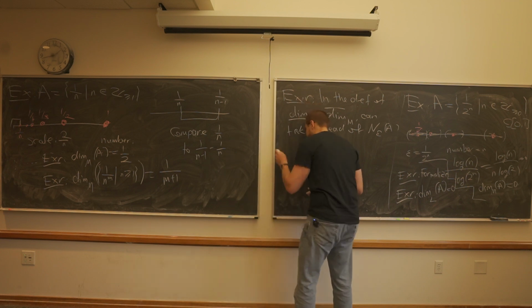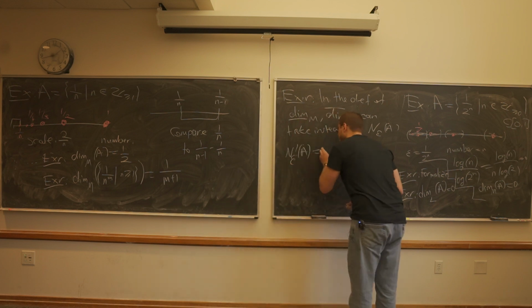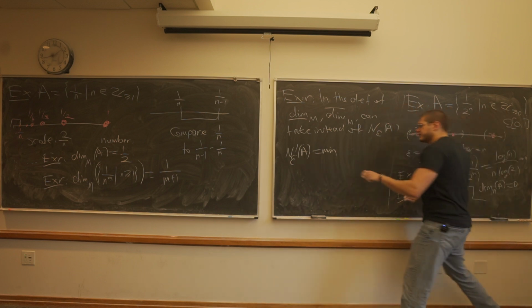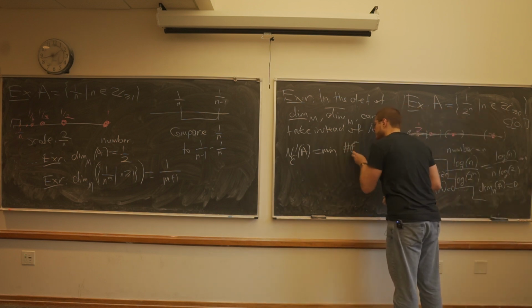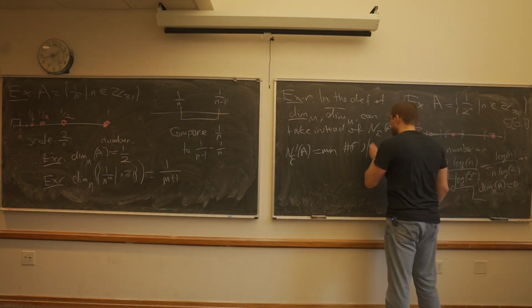Okay, I don't remember the names now. But here is an alternative. This is more along the lines of this total boundedness property. Number of elements in a subset that covers A.